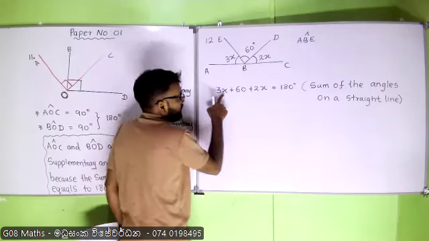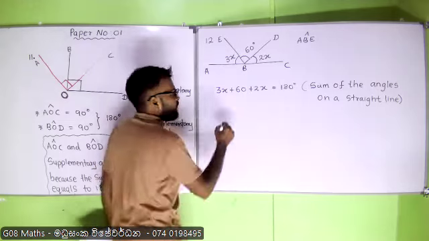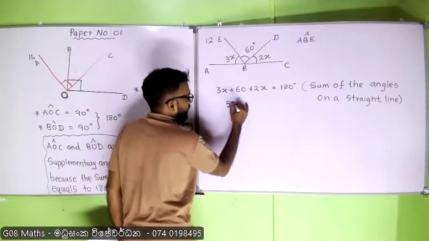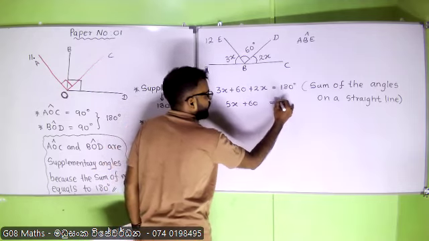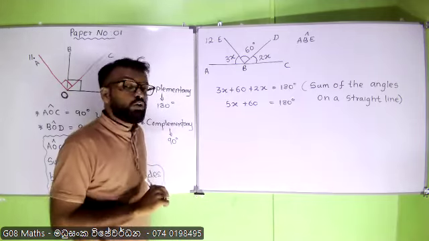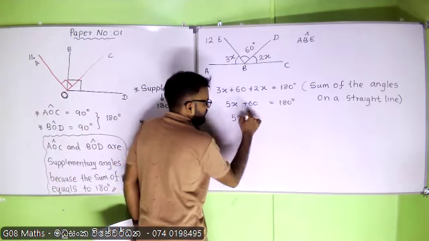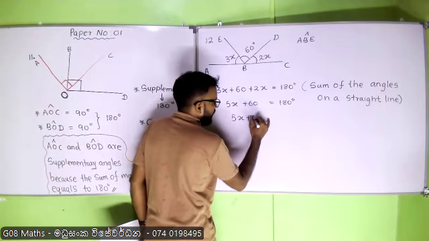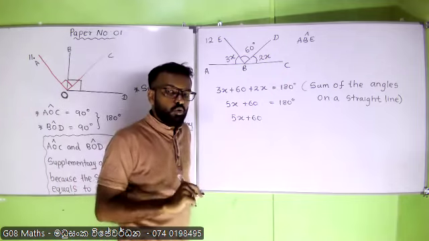Then you know how to add this. 3x plus 2x, 5x. 5x plus 60 equals 180 degrees. Perfect. Now how are you going to find the value of x? This is plus 60. If you want to remove the plus 60, what are you going to do?